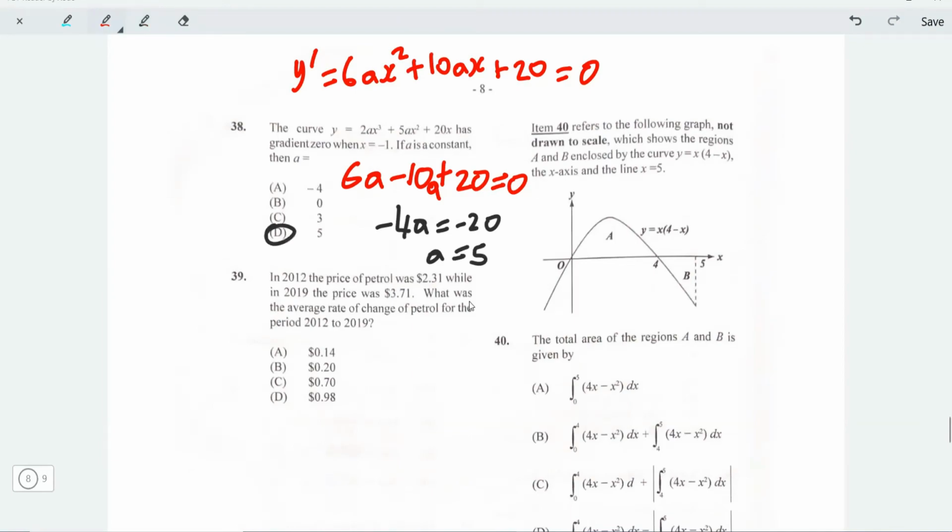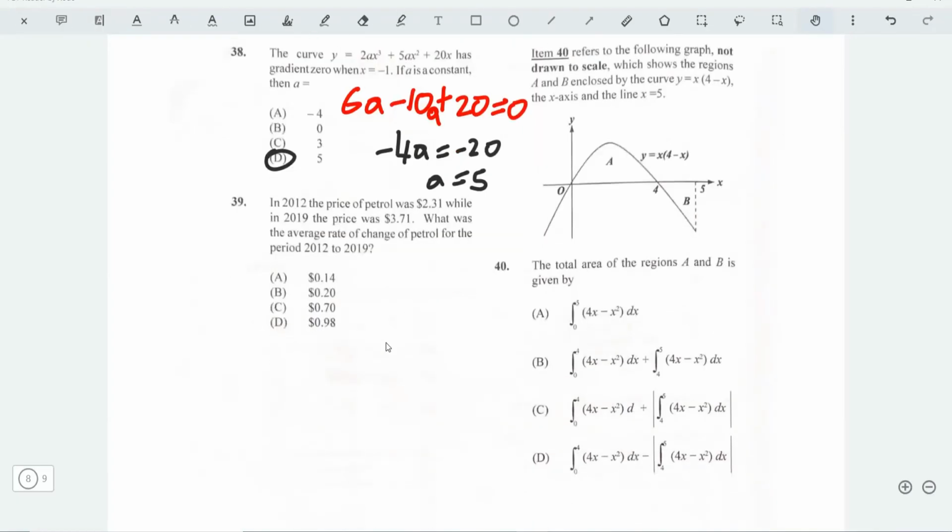Nice. Number 39 says the price of petrol in 2012 was $2.31, while in 2019 the price was $3.71. What was the average rate of change of the petrol price for the period 2012 to 2019? So we want to find the average.